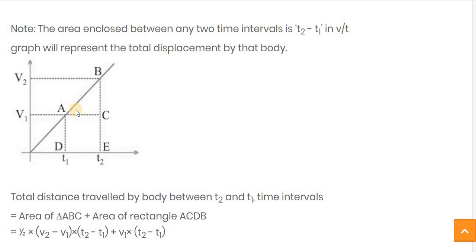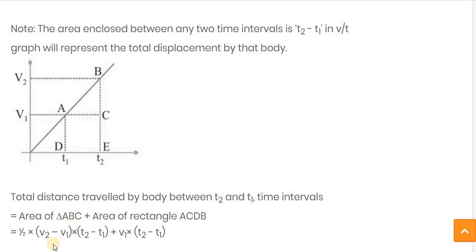As we know, the area of the triangle is 1/2 times base times perpendicular. The perpendicular here is V2 minus V1, and the base is parallel to T1 to T2.